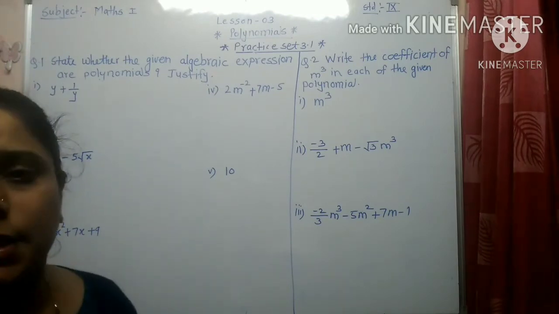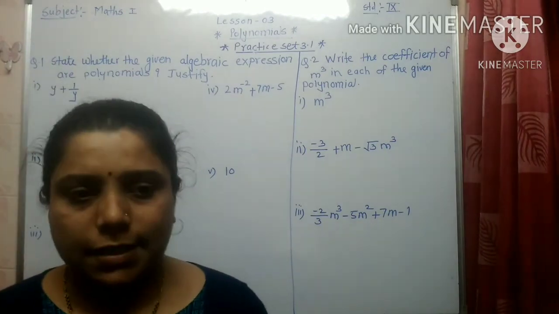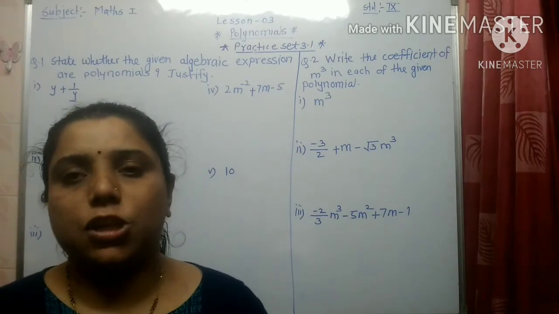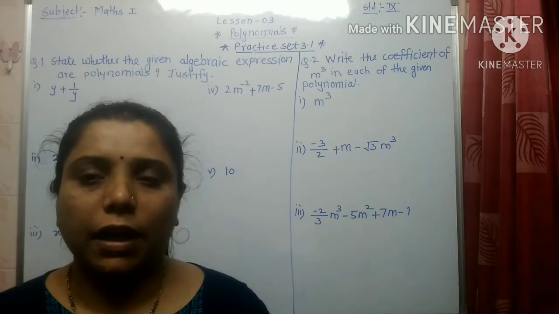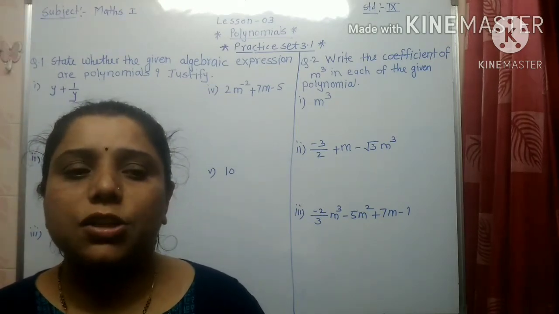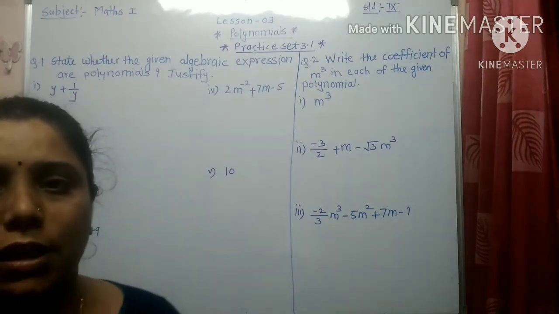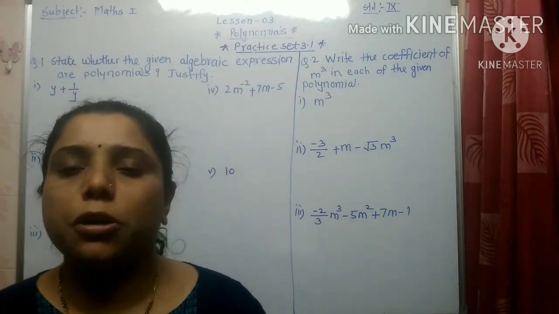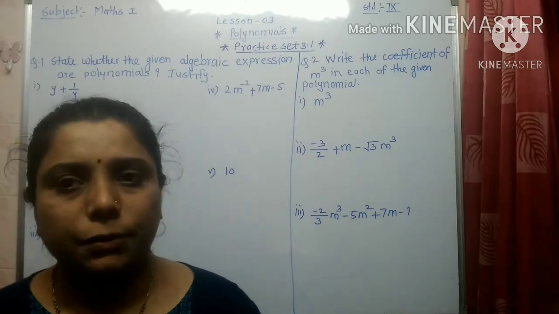For an expression to be a polynomial, it should satisfy two conditions. The first condition is that the coefficient of the variable should be a real number.